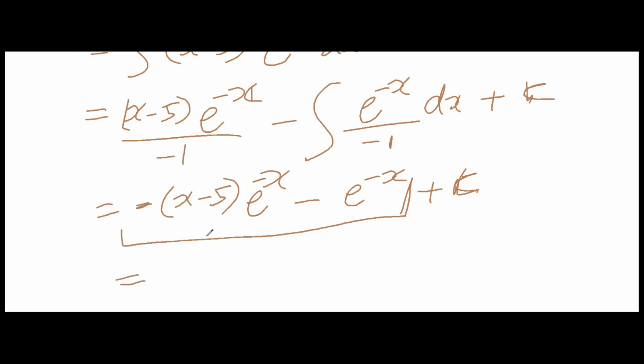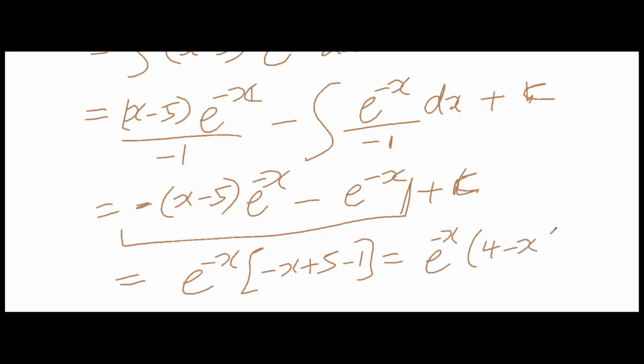Here e to the power of minus x I can take common, and then here minus x, minus into minus is plus 5, and here it will be plus 1. So I will get e to the power of minus x times (5 minus 1 is 4) 4 minus x.